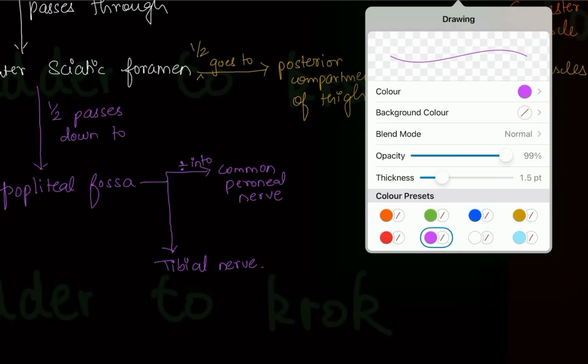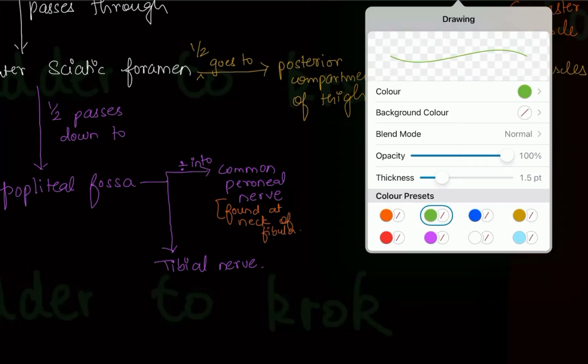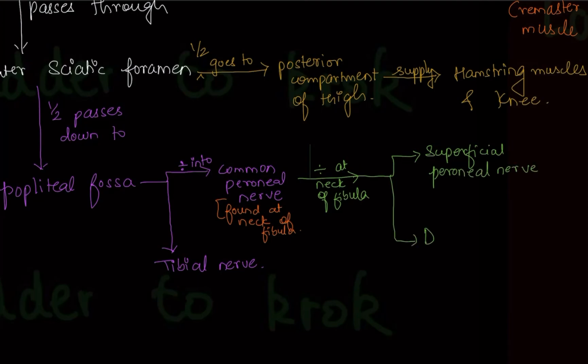Now this common peroneal nerve is found at neck of fibula. And this common peroneal nerve divides at neck of fibula into superficial peroneal nerve and deep peroneal nerve.